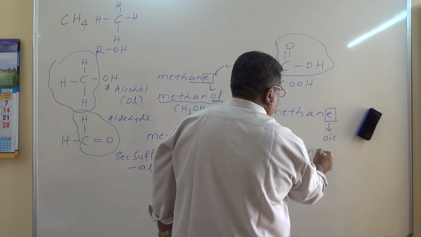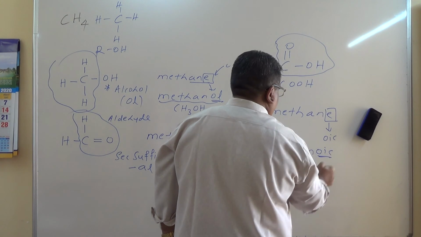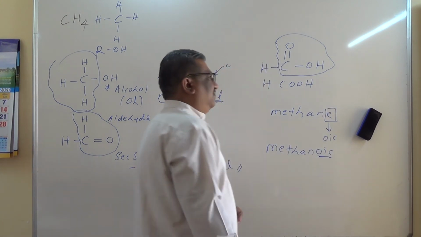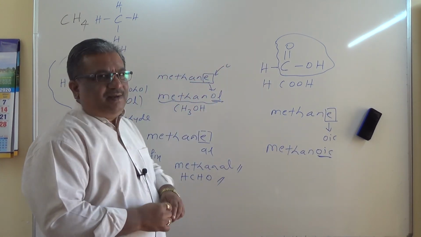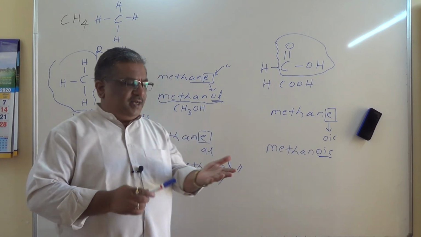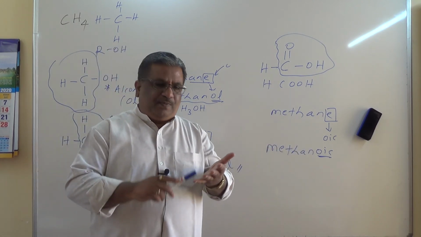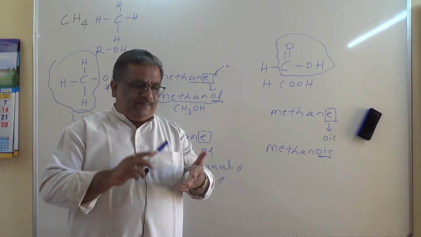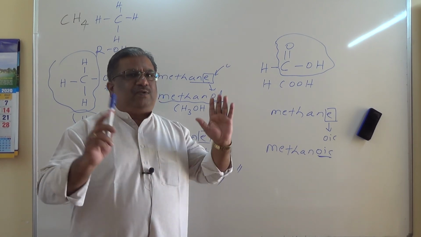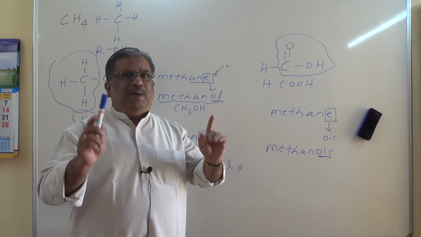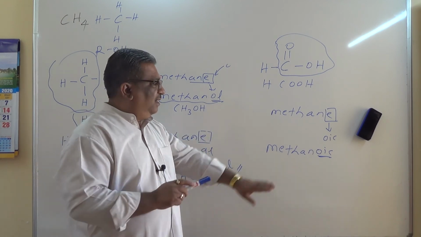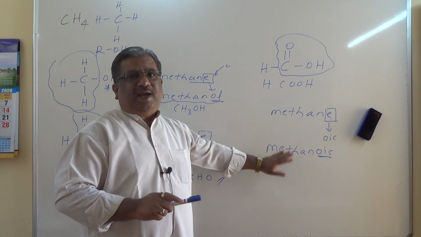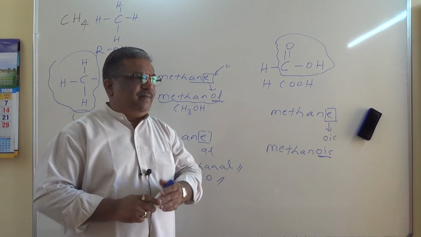This E is replaced with OIC, methanoic acid. Is it clear, students? So I took the examples for halogens and alcohols, aldehydes, ketones. Ketones will start with the propane group only, propanone, and then finally methane, methanoic acid, carboxylic acid, methanoic acid.